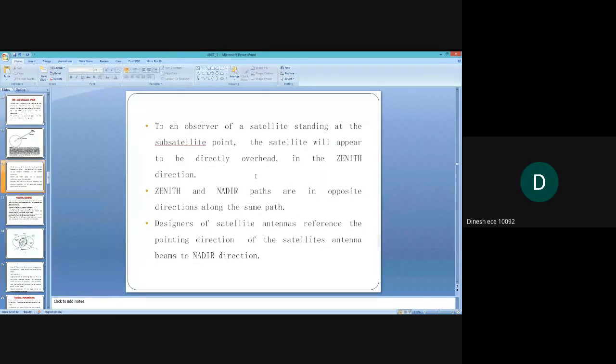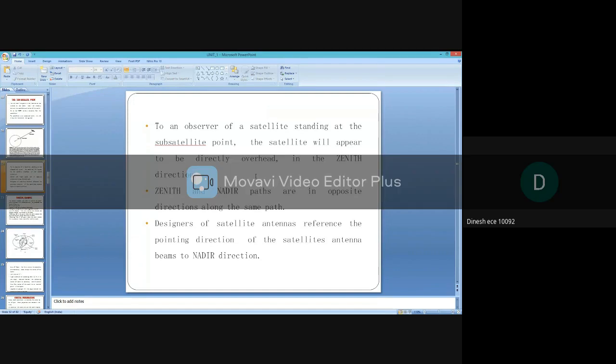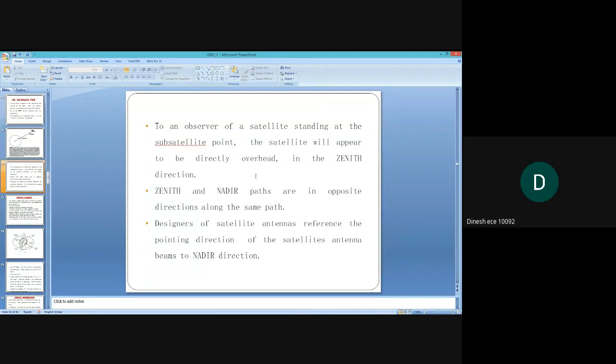Viewing from the satellite is your nadir; viewing from the Earth surface to the center is your zenith path. To an observer standing at a subsatellite point, the satellite will appear directly overhead. The designers of satellite antennas refer the pointing direction of the satellite antenna beams to the nadir direction, which is a very important concept.